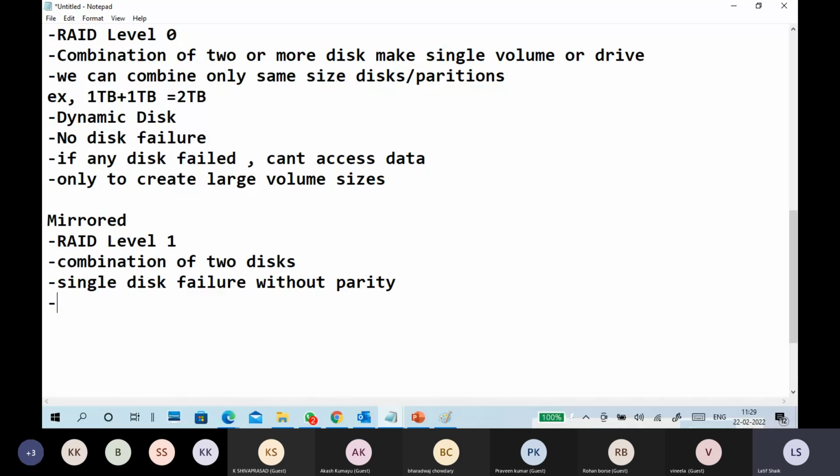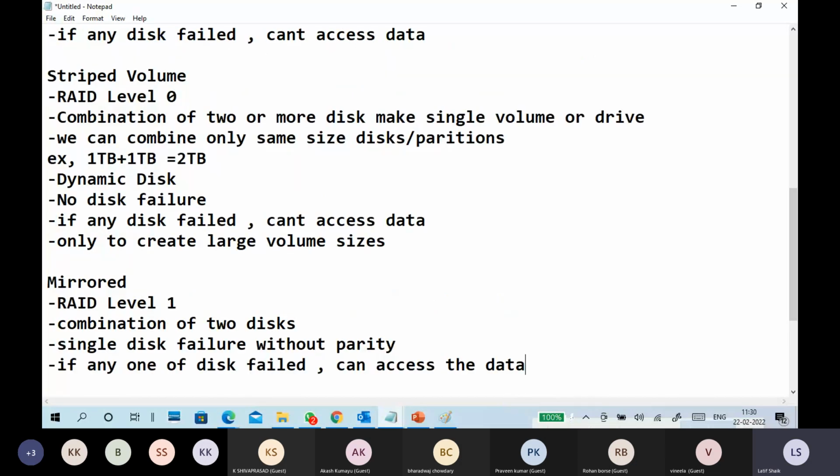But here it is without parity. It means if any one disk fails, we can still access the data. Even though one disk has failed, we can still access data. No need to wait for backup and restore kind of stuff. We can simply access data. So that is called a mirrored volume.